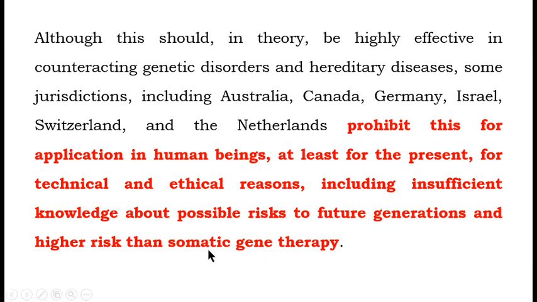And as the character will be transferred to the next generation in germline gene therapy, it is going to have a very high risk as compared to somatic gene therapy. So currently in the world, most gene therapy is focusing on somatic gene therapy as compared to germline gene therapy, at least for the present, for technical and ethical reasons.